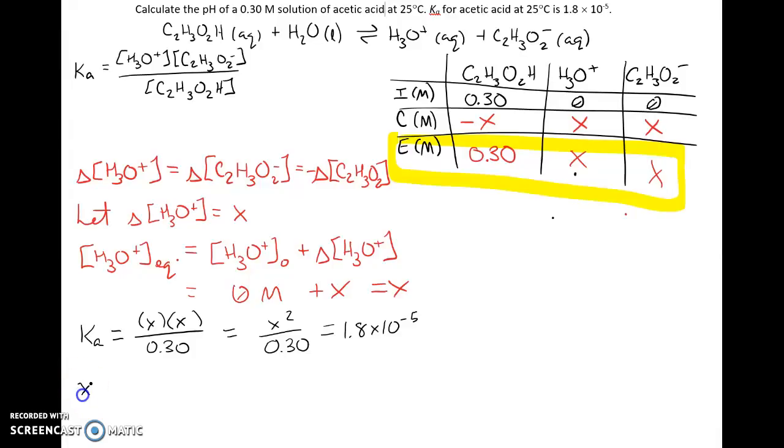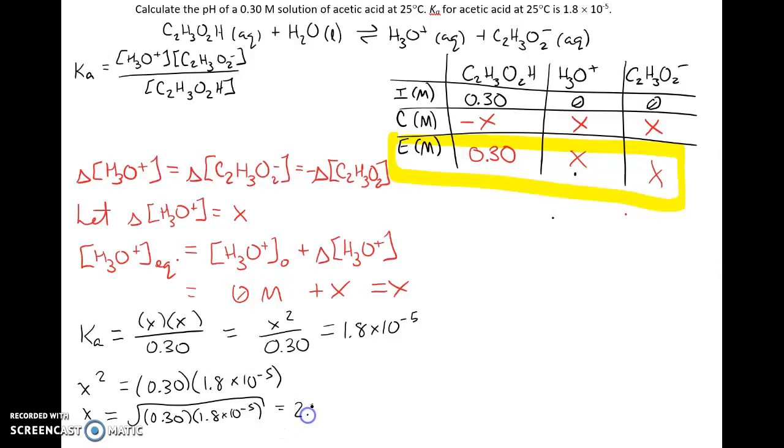So let's isolate x. X squared is equal to 0.30 times 1.8 times 10 to the minus 5, or x equals the square root of 0.30 times 1.8 times 10 to the minus 5, which equals 2.32 times 10 to the minus 3 moles per liter.